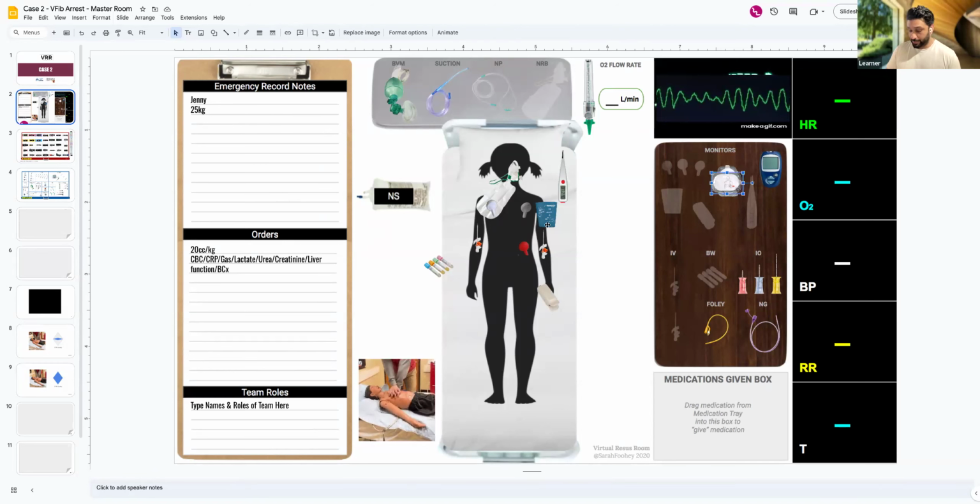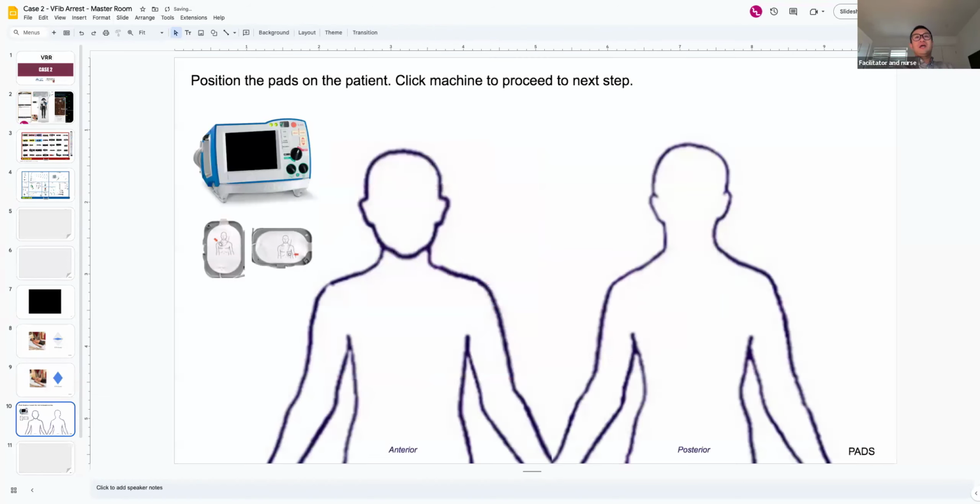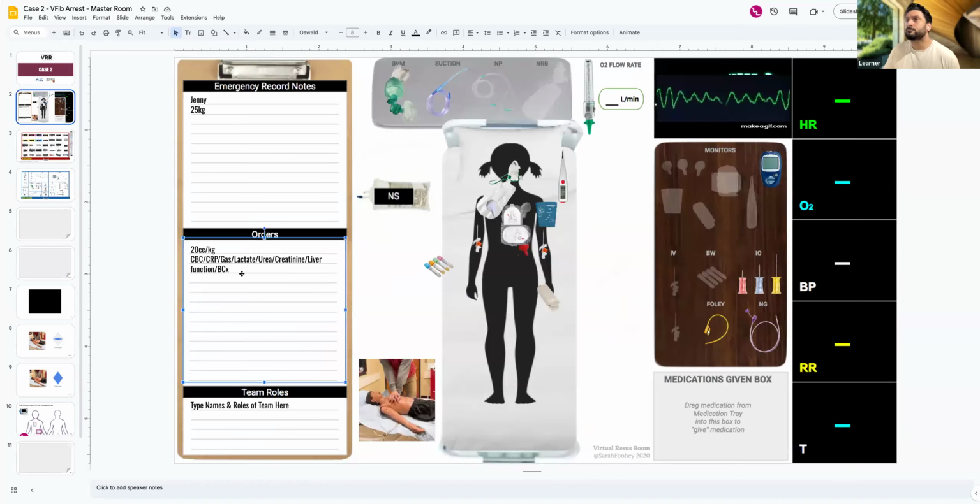Sure. Those are our number one priorities. Please attach the pads on slide 10 and show me where you're going to attach them. Perfect. I have attached it to the patient.